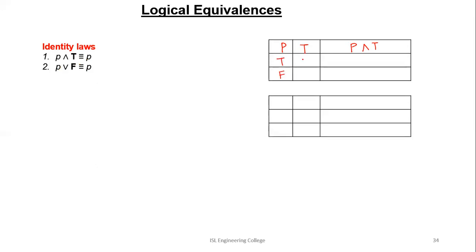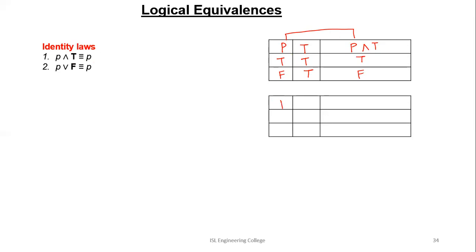T means the statement is always true. Whenever you are doing AND, what is the statement if both of them are true? Then only true, otherwise false. Now look over here. These two are similar, right? So this means that P and T is equivalent to P.